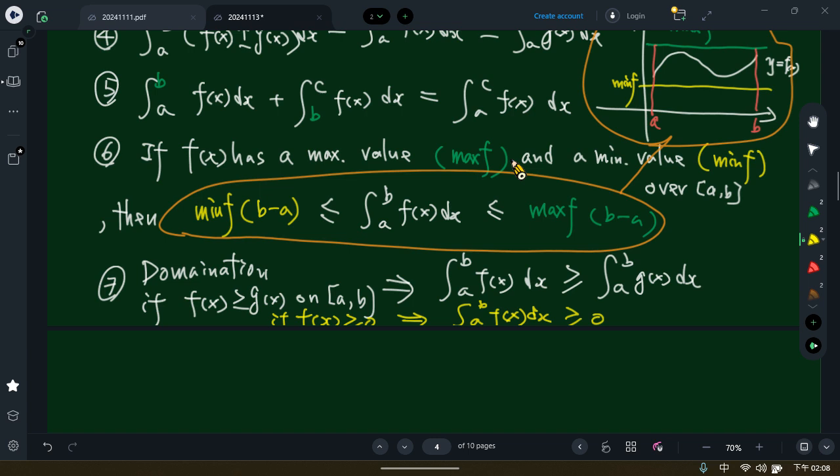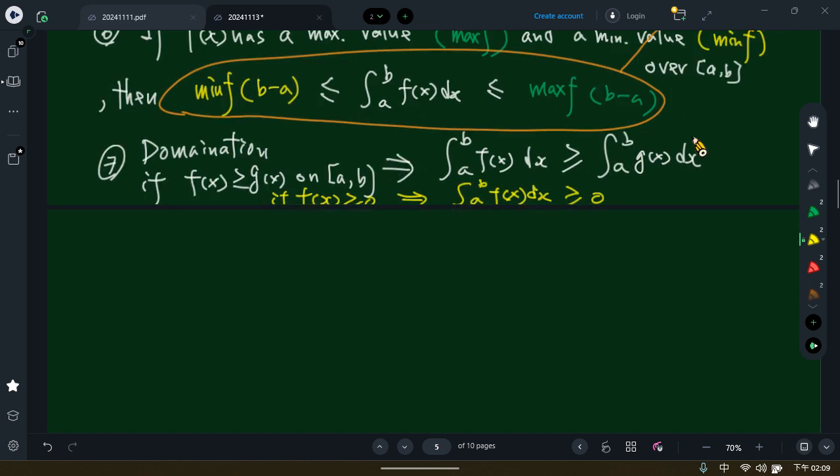This is just one of these cases. If f of x is larger than 0, you can regard g of x here as a 0, right? So of course, when you try to integrate f of x from a to b, the result is also positive, or 0, right? So these rules are very simple.